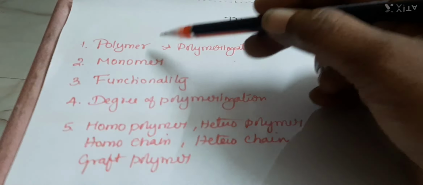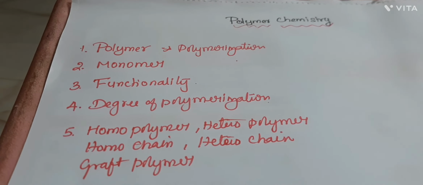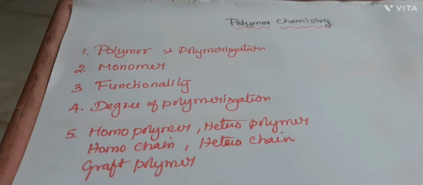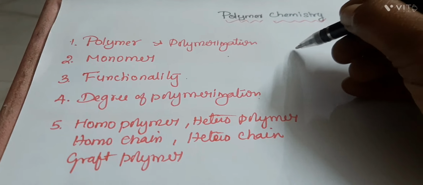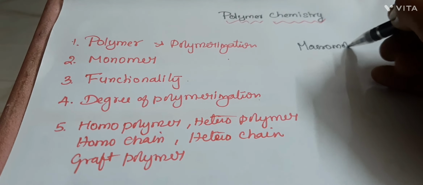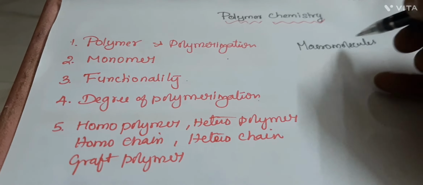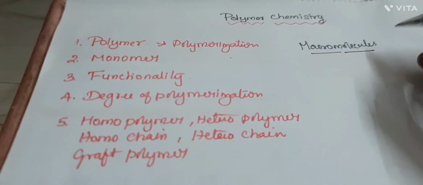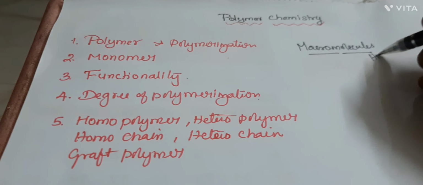Alright, so what is polymer? Polymer is a macromolecule. Macromolecule means molecule of higher molecular weight.